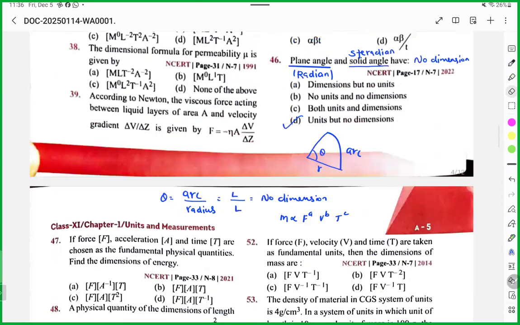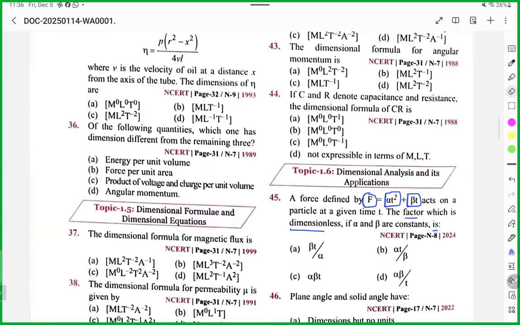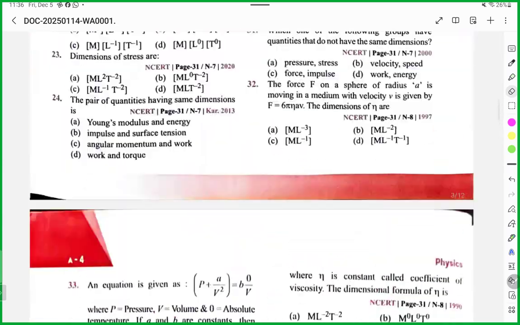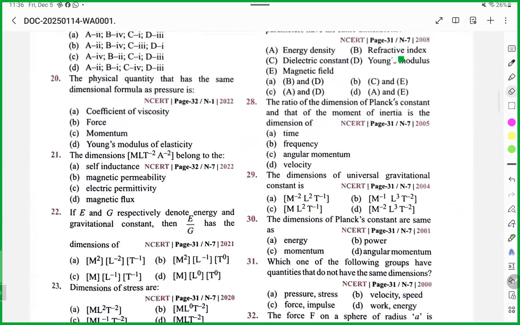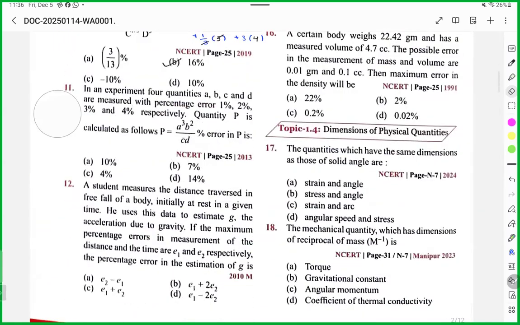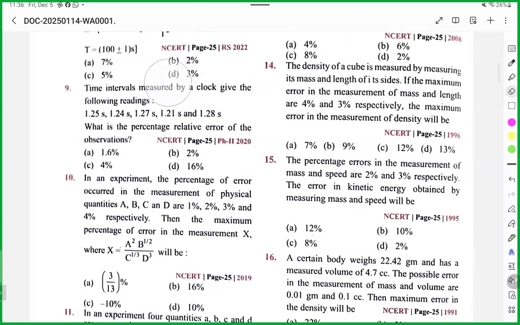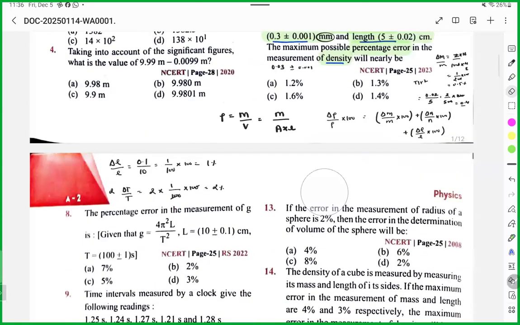This is last year. If it is about dimensions, you can leave it, because we will do the dimension topics chapter-wise. Other than that, you can do everything else. Understood, guys?